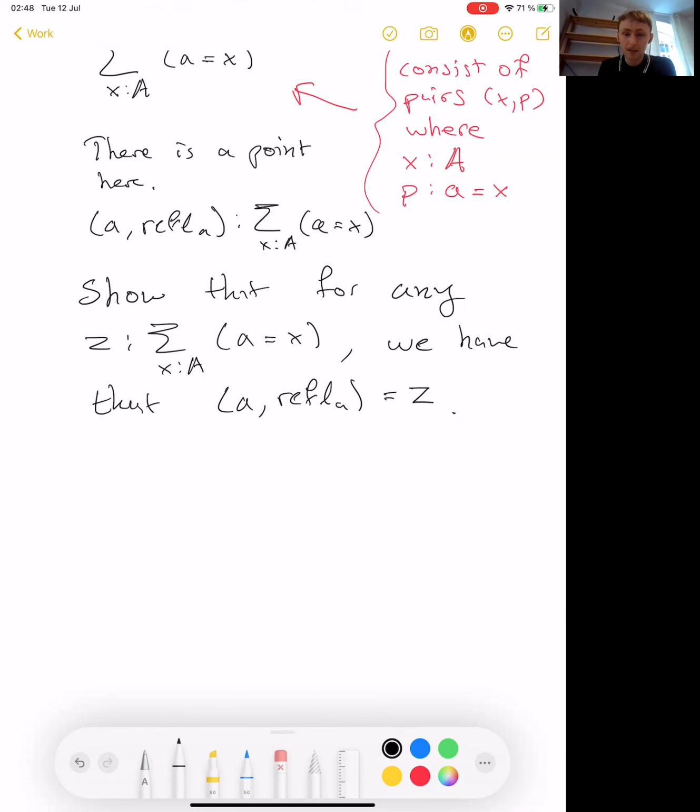So in homotopy type theory, this would be called a contractible type. It consists of precisely one point.